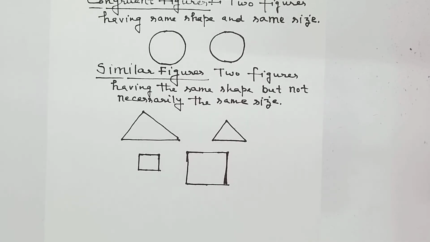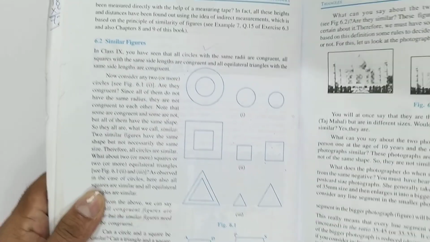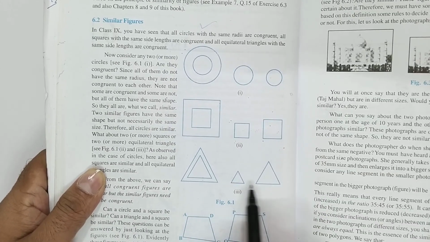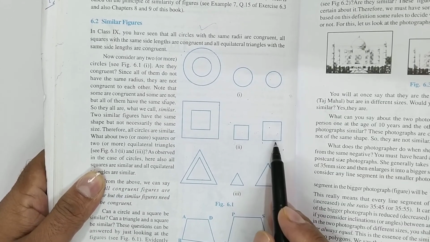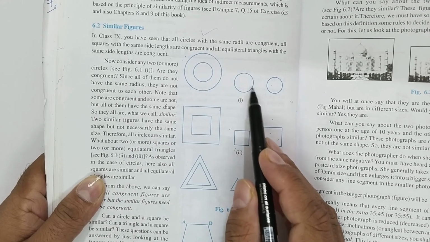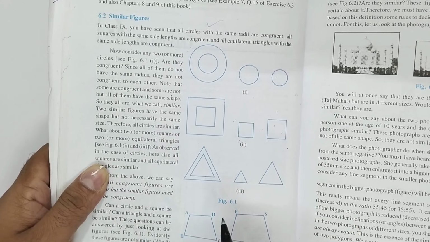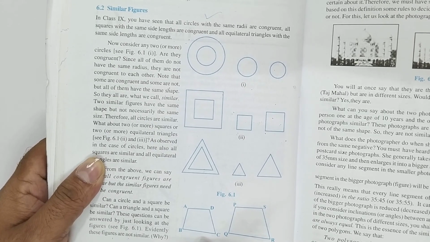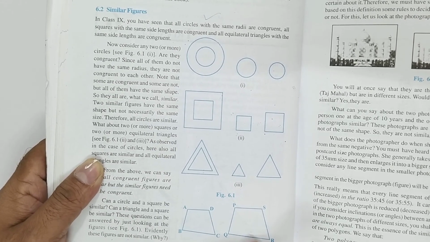Some more similar figures I am showing to you. You can see here in the book. This is small triangle, big triangle, small square, big square, bigger circle, smaller circle. And this is smaller quadrilateral and this is bigger quadrilateral.